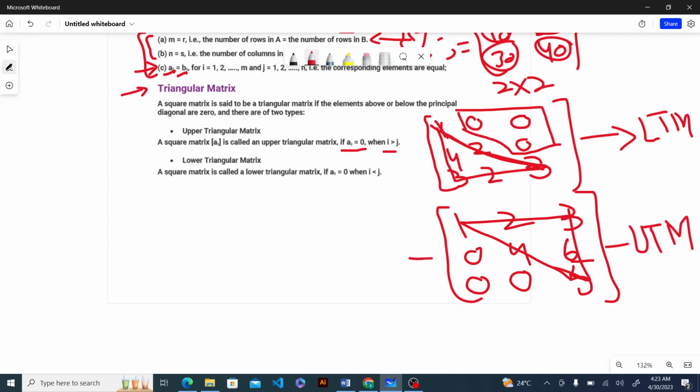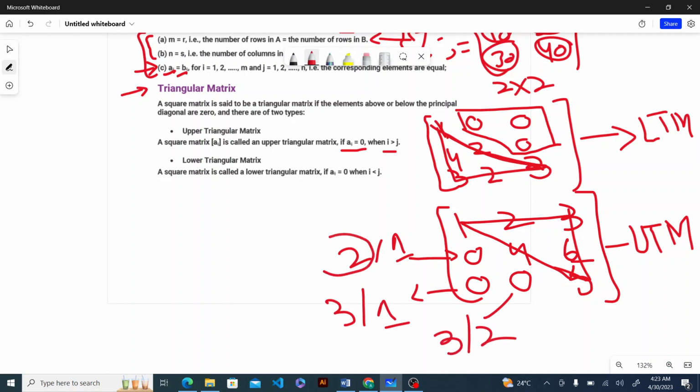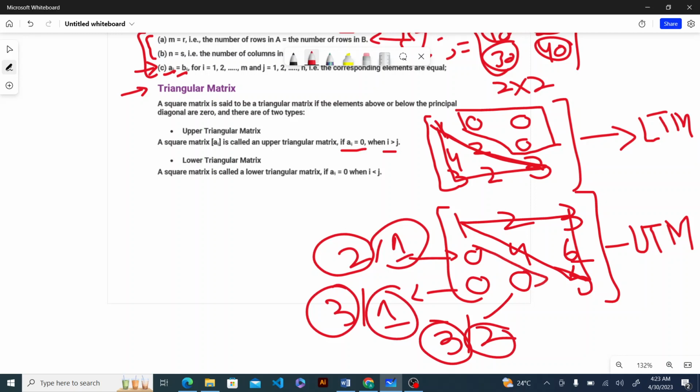See, in this case, row number is greater than column number, because second row first column, here third row first column, and this one is third row second column. So the row number is greater than the column number, and these three elements are 0, 0, 0, so it is upper triangular matrix.